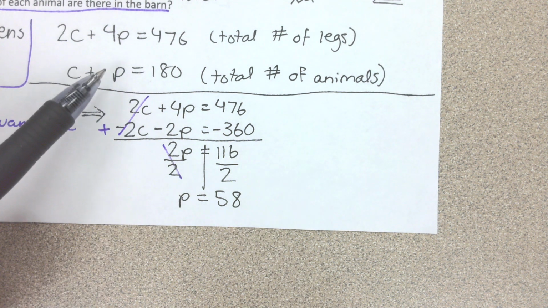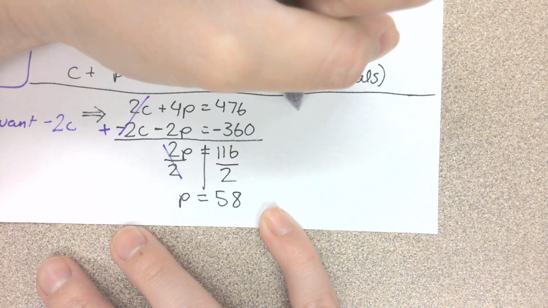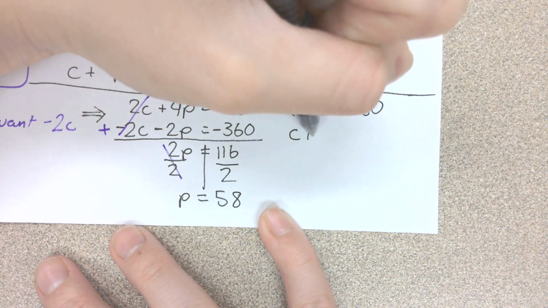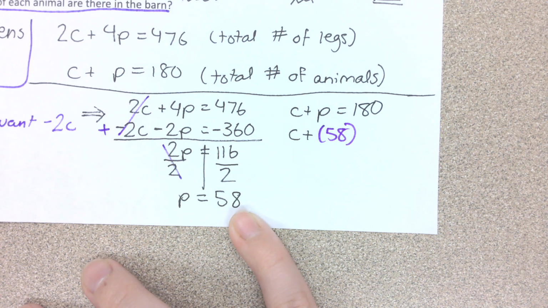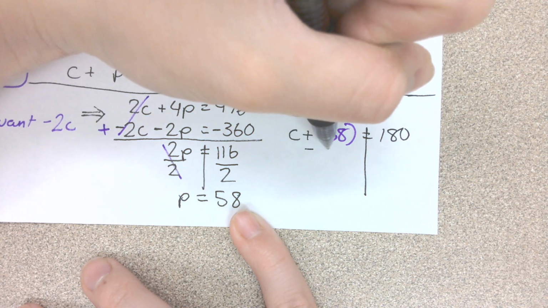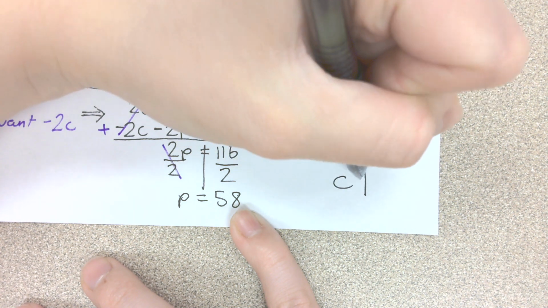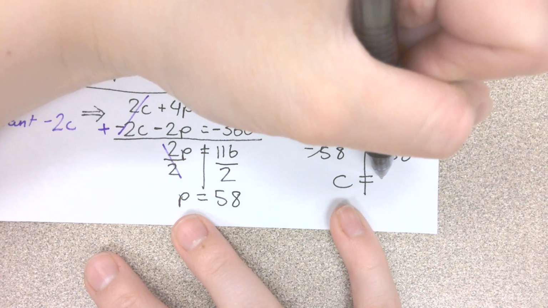It will be very quick to solve for C if we use the bottom equation, so that's what I'm going to do. C plus P equals 180. C plus 58 equals 180. And then we're just going to minus 58 on both sides. C is equal to 122.